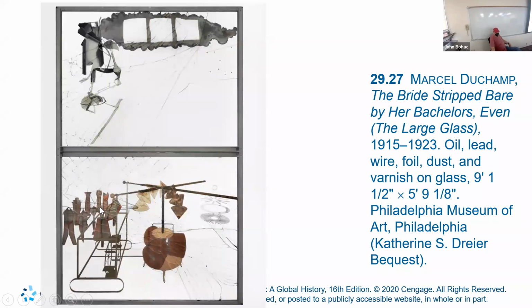And during the making of this, the glass broke. And being like Jean Arp, someone asked, oh, Marcel, you spent all this time making this thing, why is the glass broken? And he had kind of a laissez-faire answer.